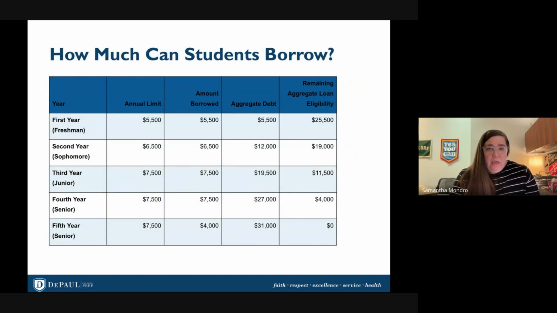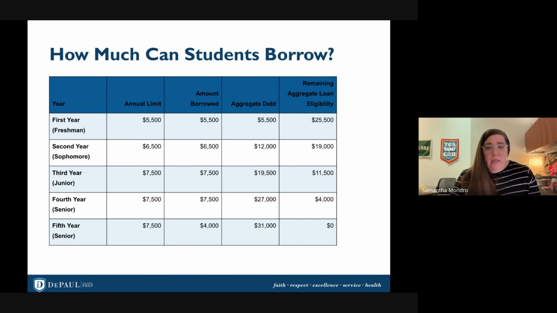So, as I was saying earlier, there is a limit to how much students can borrow. The annual limit for a freshman is $5,500. It goes up to $6,500 as a sophomore, and junior and senior year are at the same amount, but that is the maximum amount for each year that you can borrow.